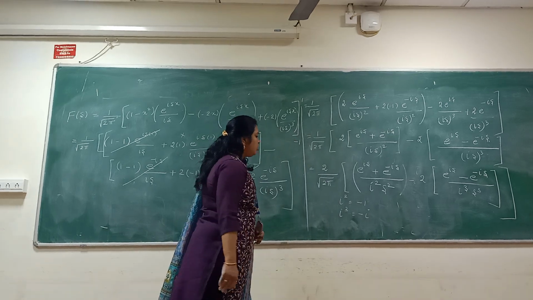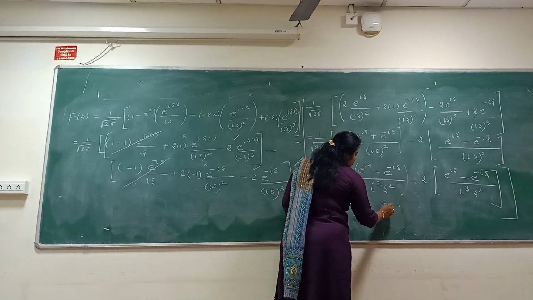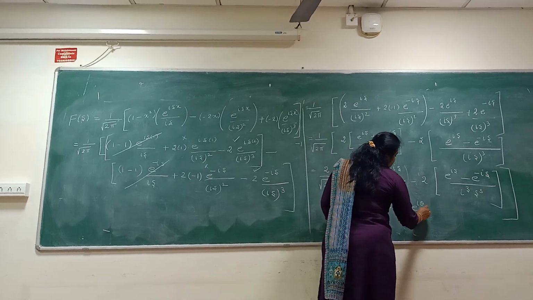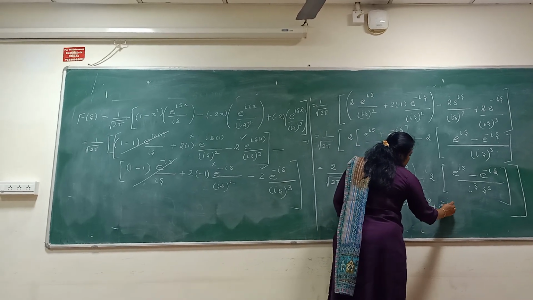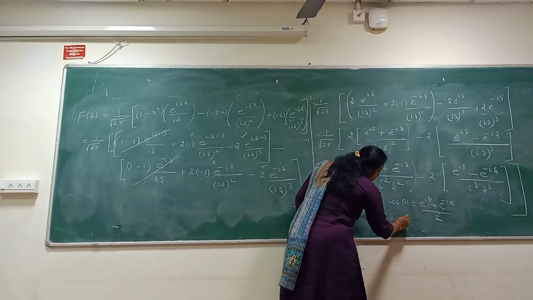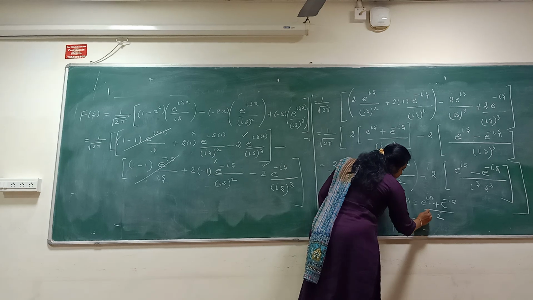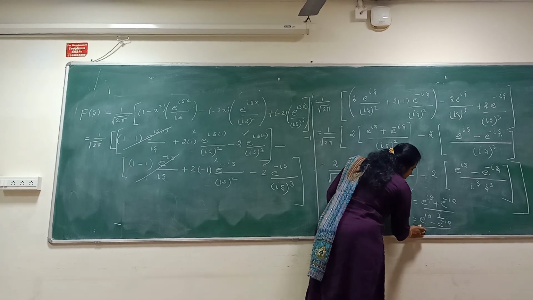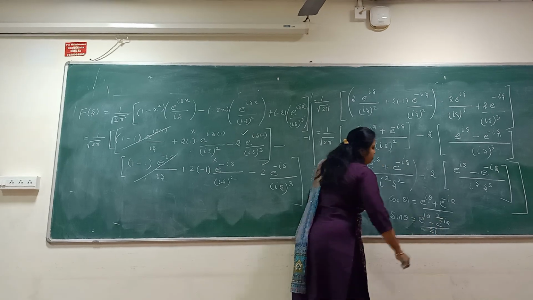Got it? And also cos theta is e power i theta plus e power minus i theta by 2 and sin theta is e power i theta minus e power minus i theta divided by 2i.